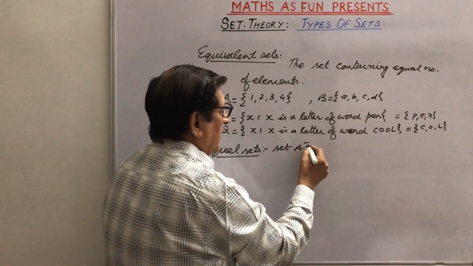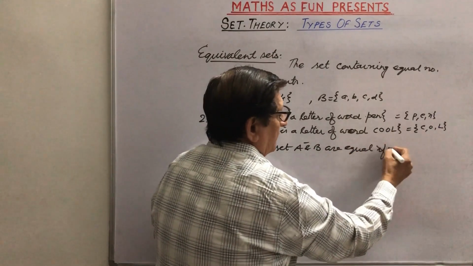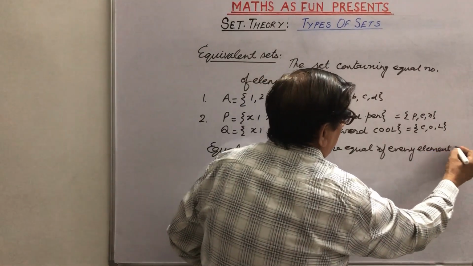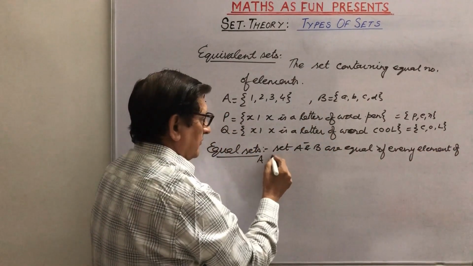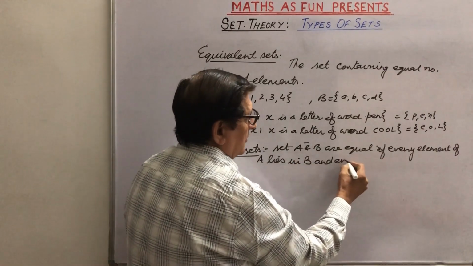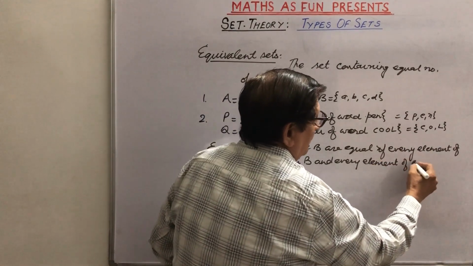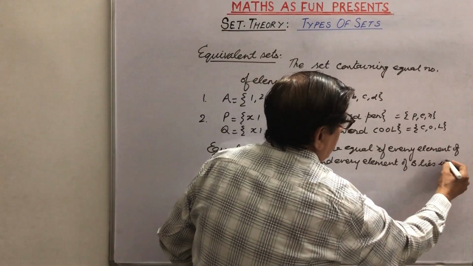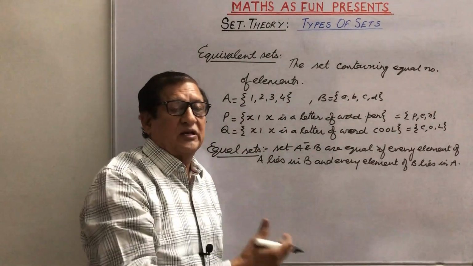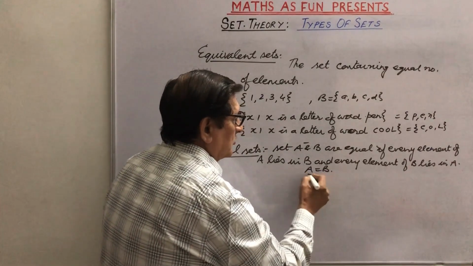Sets A and B are equal if every element of A lies in B and every element of B lies in A. It means they are having equal number of elements as well as same elements. Then we write them as A equal to B.